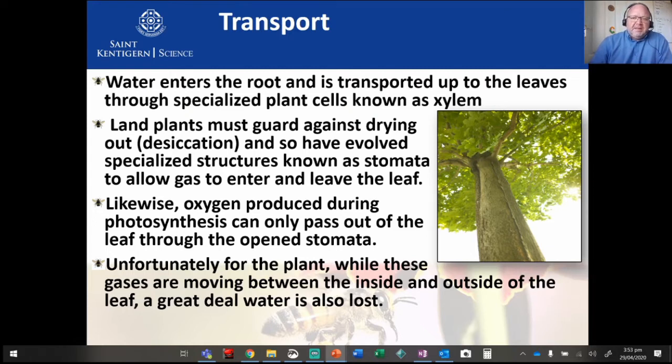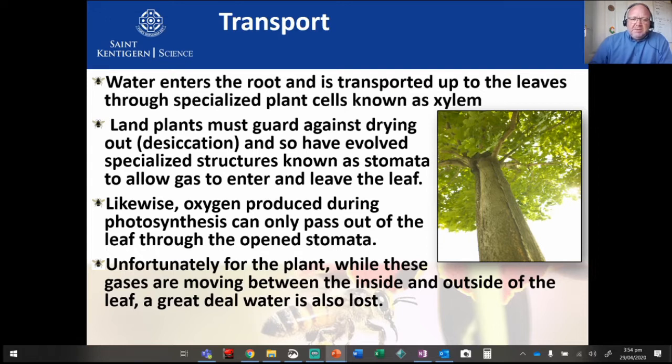But land plants need to make sure that they don't dry out, so they have these little mouths called stomata, and that allows the gas to go in and out, but also water to escape. And the oxygen that is produced by the tree, they need to get rid of that too, so that goes out through the stomata.